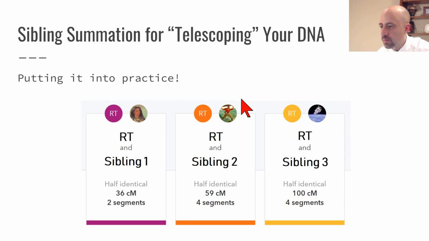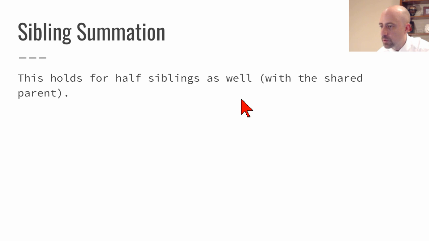It does not work for the parent that they do not share. So this is the relevant slide. Sibling summation, this method holds up for half-siblings as well with the shared parent. So if you have some half-siblings who share a mother but they don't share a father, you can use this method to approach questions with the mother's DNA.